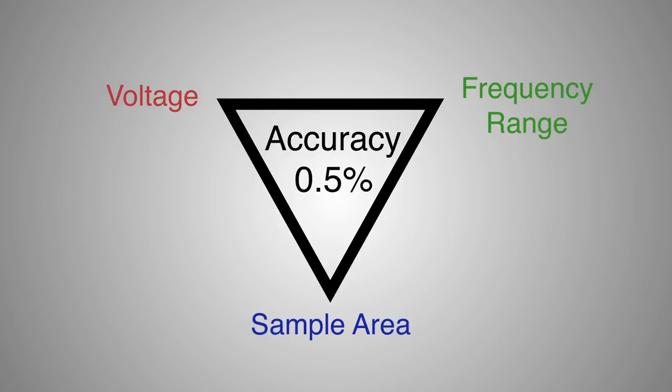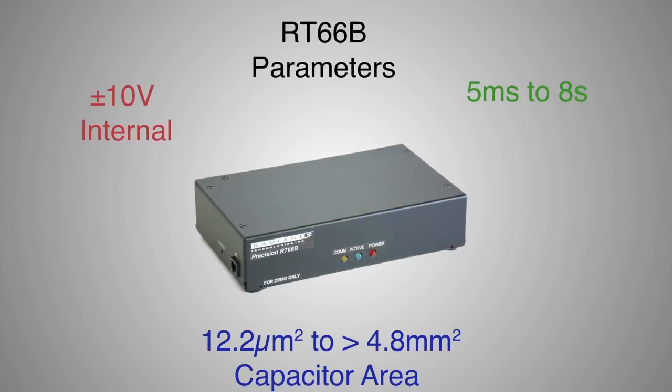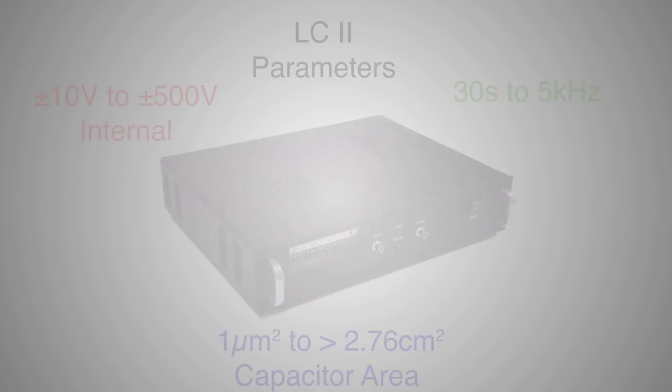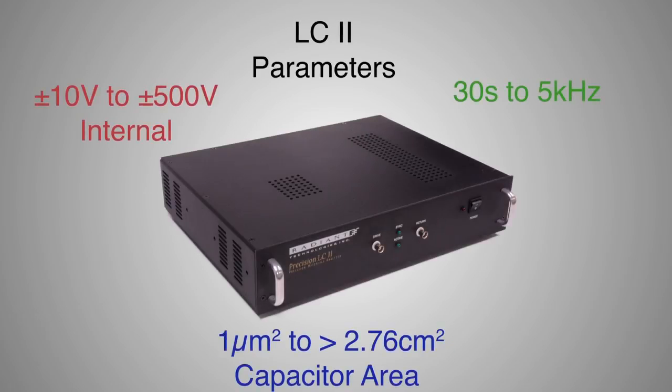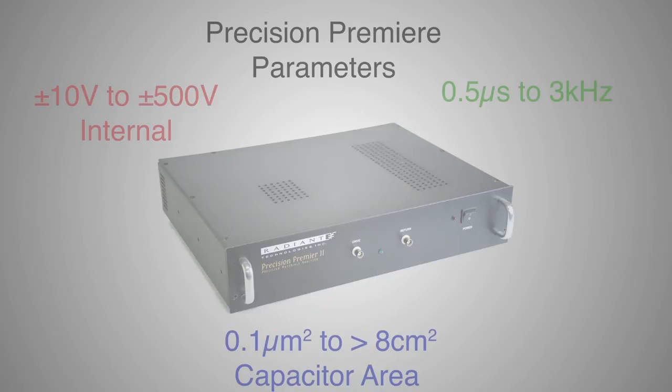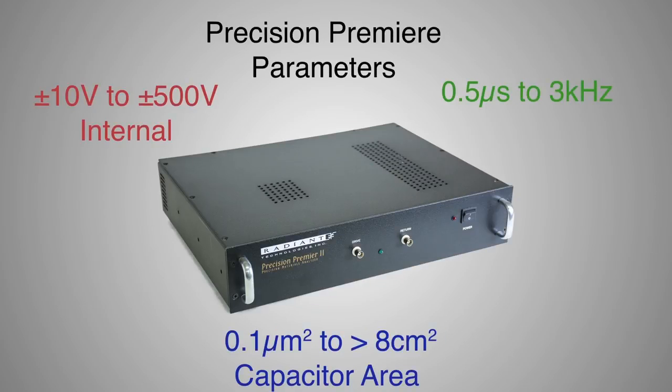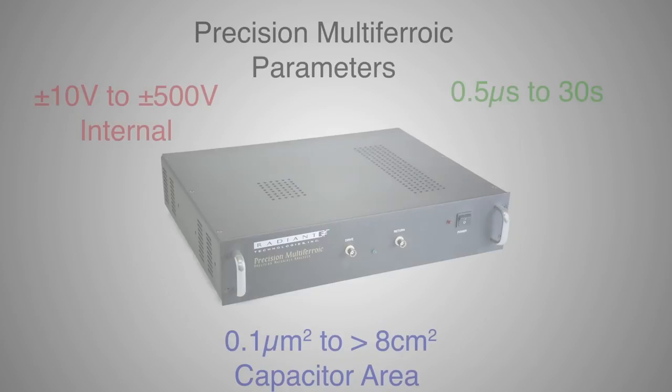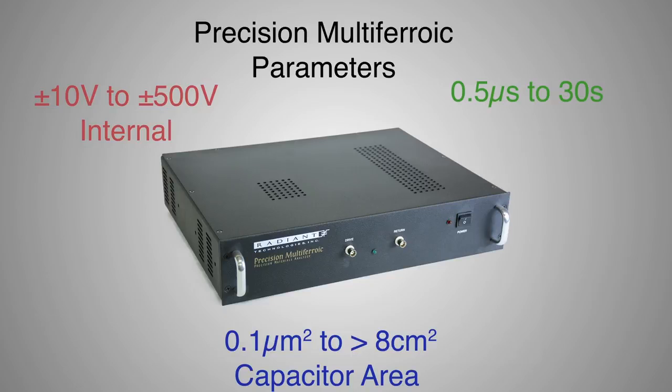Following are descriptions of the performance envelopes of the 4 research-level nonlinear material test systems offered by Radiant: the RT66B, the Precision LC2, the Precision Premier, and the Precision Multiferroic.